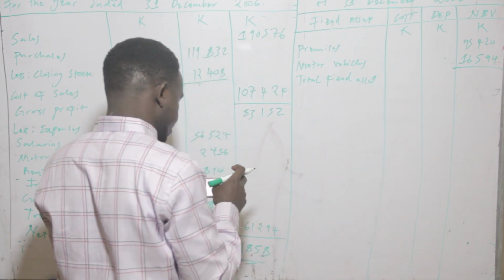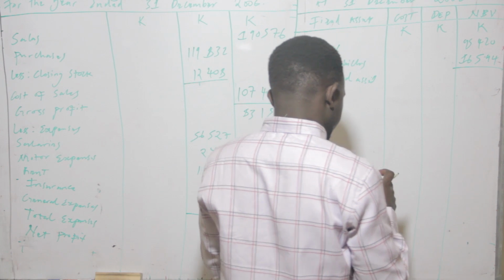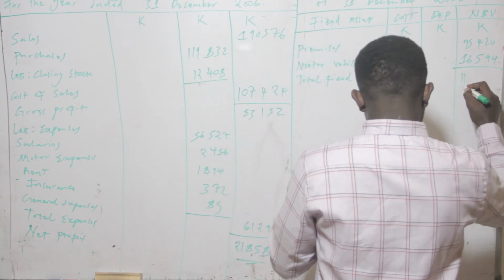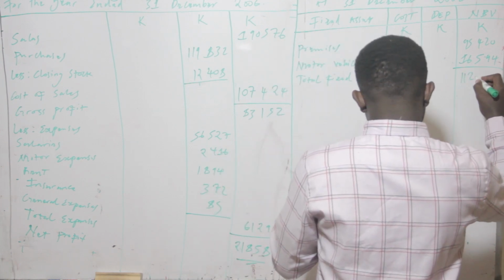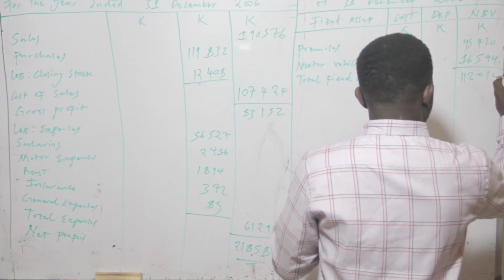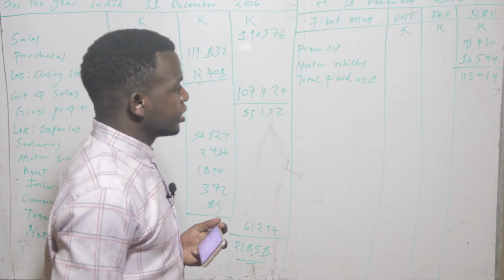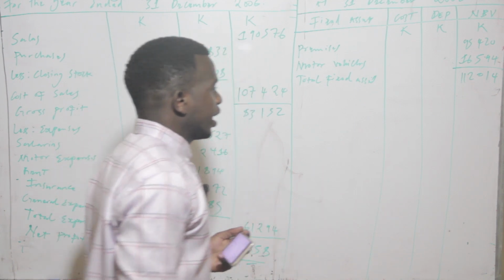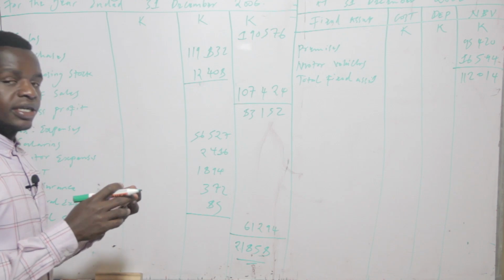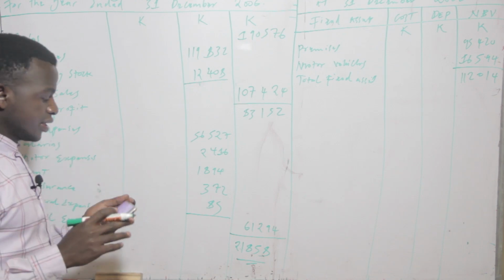When we find the total there, the answer that we're going to have is 112,014. So that's going to be our total fixed assets.